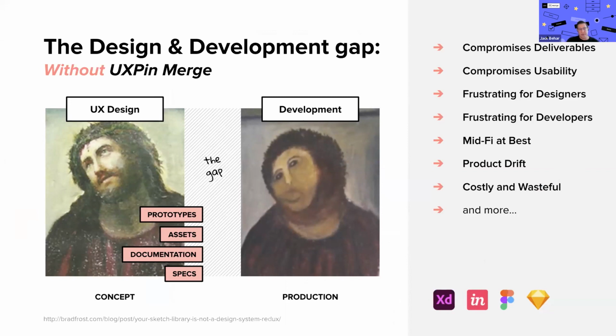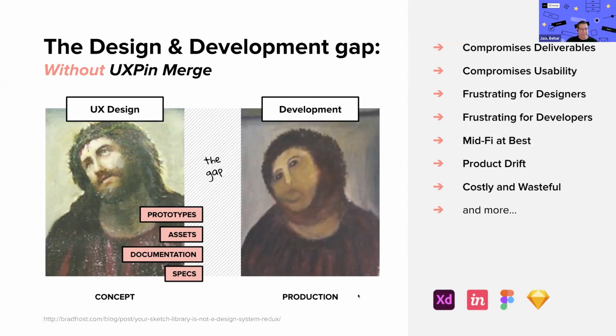It's of a fresco that was found in a little church in Spain, and it went through the restoration process, but due to the gap between the person in charge of the design of where it should be headed and the people in charge of actually doing the work, you can see what happened. They essentially created what's lovingly become known as the potato Jesus on the internet, and this town is now like a big tourist attraction because of it.